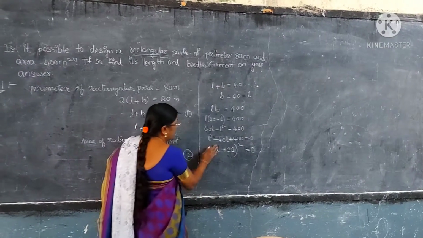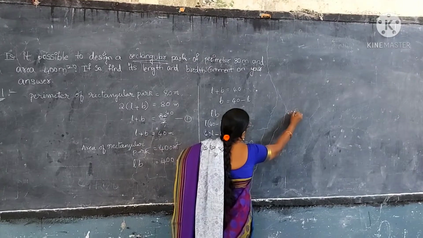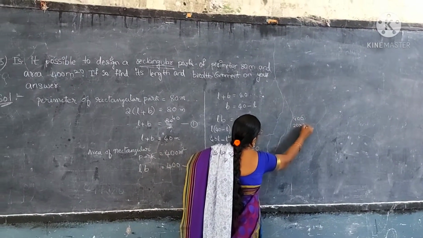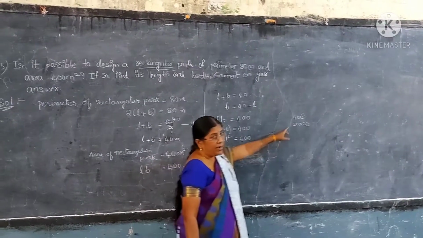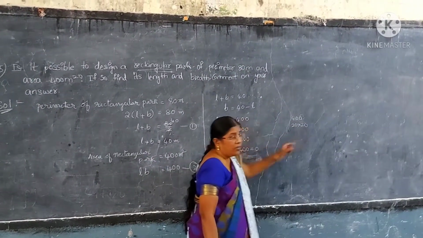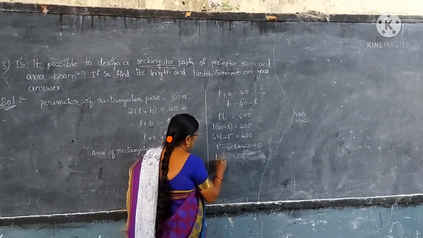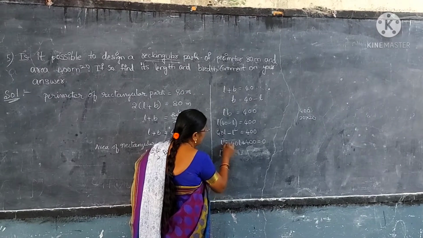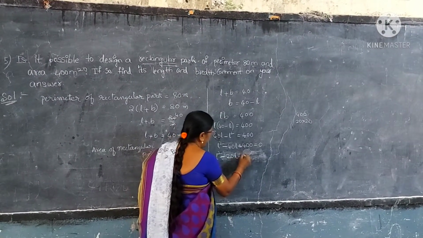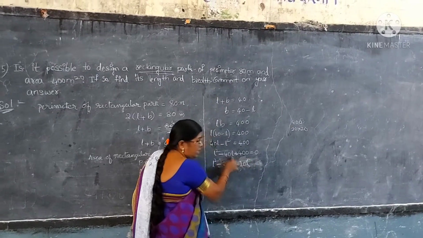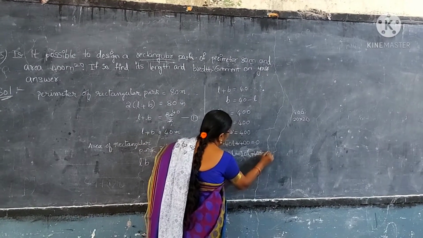No? Or otherwise we can factorize also. 400 we can take as 20 into 20. As it is plus 400 we have to add, so plus 20 plus 20 will become 40. Therefore, I can write this as L square minus 20L minus 20L, I am splitting this 40L, plus 400 is equal to 0.